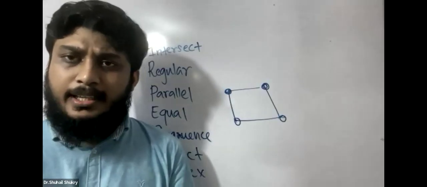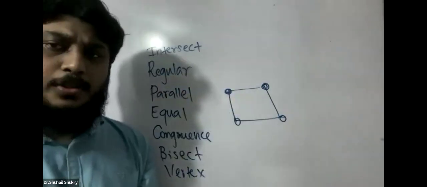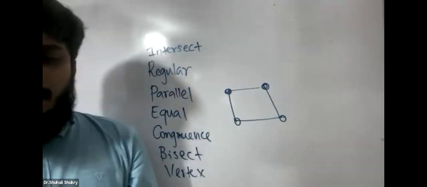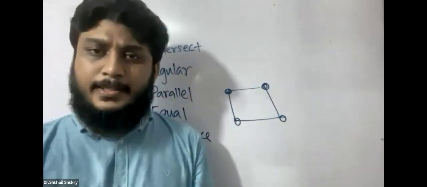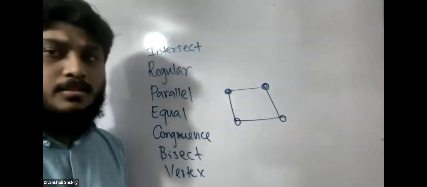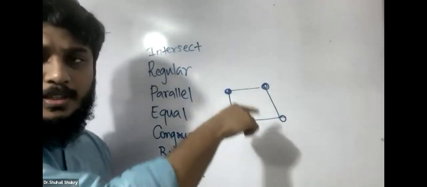Intersect means joining each other. The word intersect is not written in the tube. You can write it: intersect means joining each other. These are very important words. Vertex means the corners of a figure.